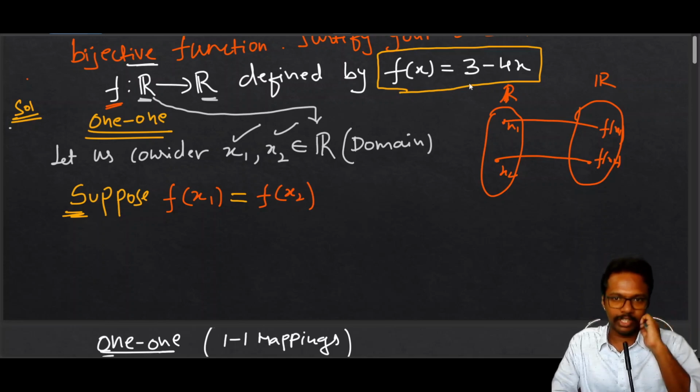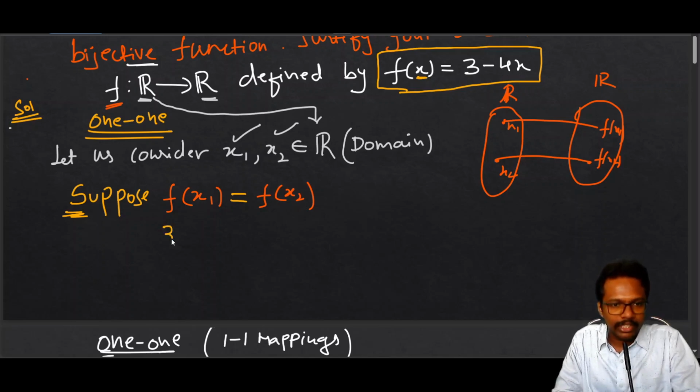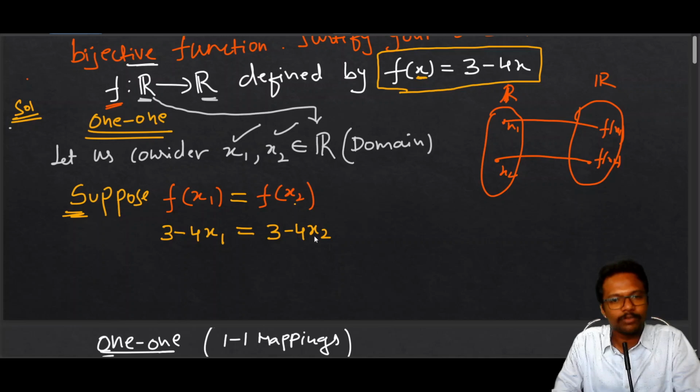So f of x is 3 minus 4x. In the place of x we write x1, so 3 minus 4x1 equals 3 minus 4x2, where in the place of x we have x2. So f of x1 becomes 3 minus 4x1 equals f of x2, which becomes 3 minus 4x2.